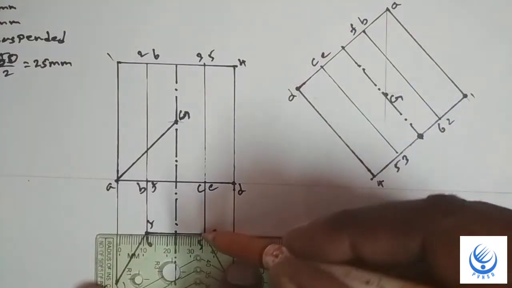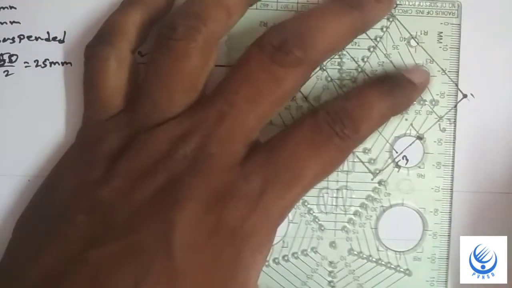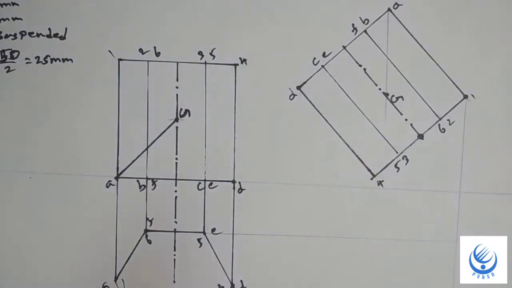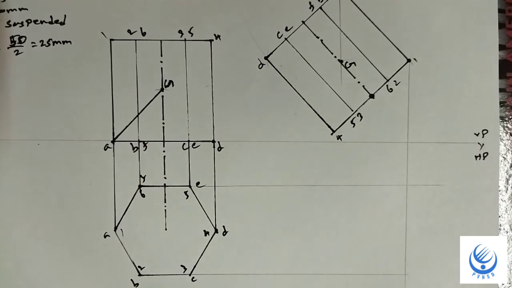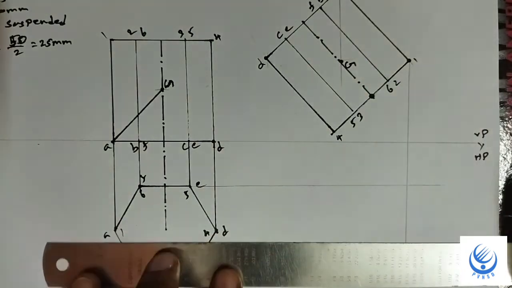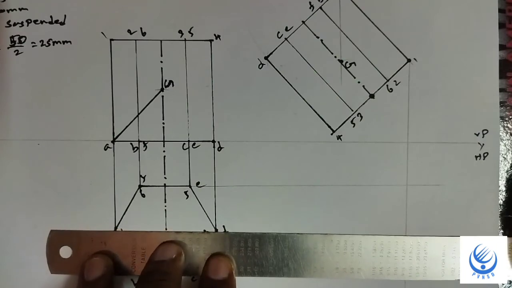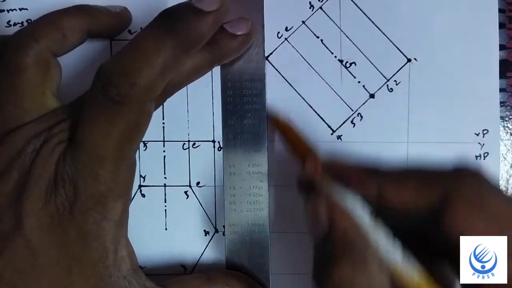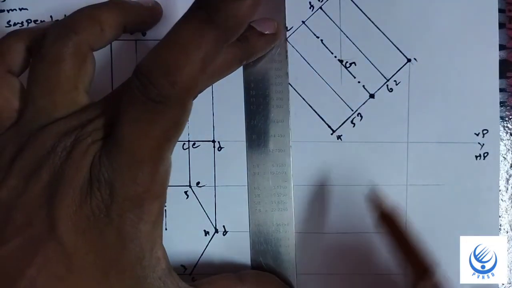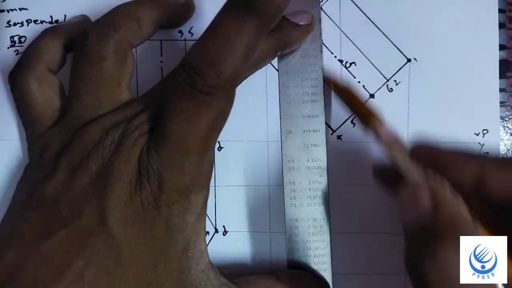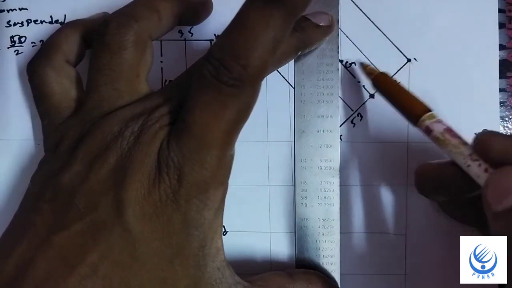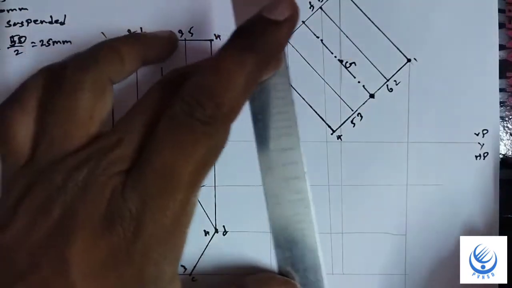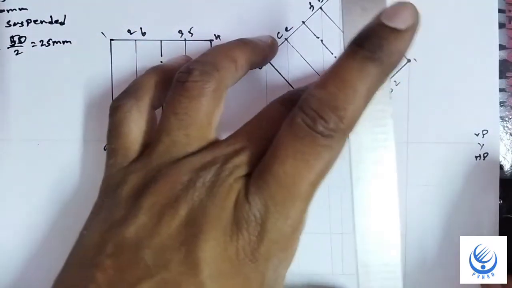These sides are horizontal lines, and from these points the lines go in the downward direction. First mark the top, and next the base.